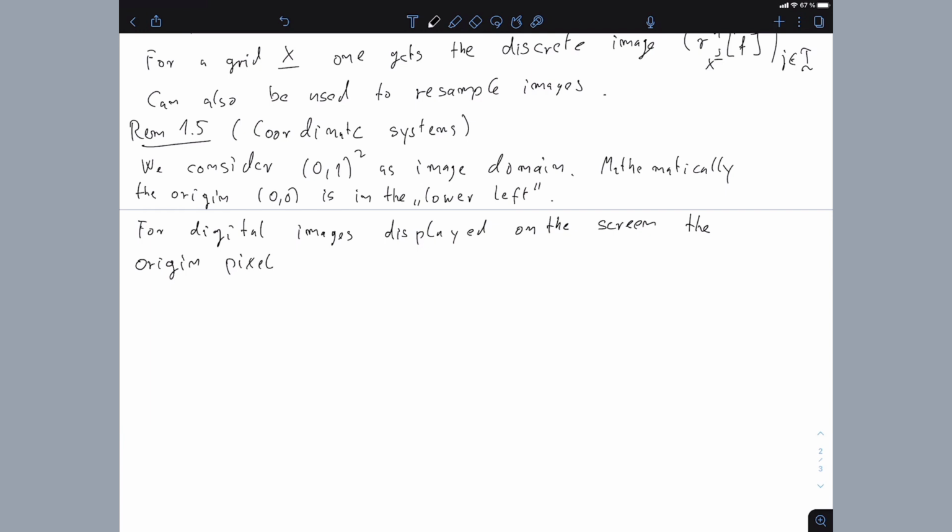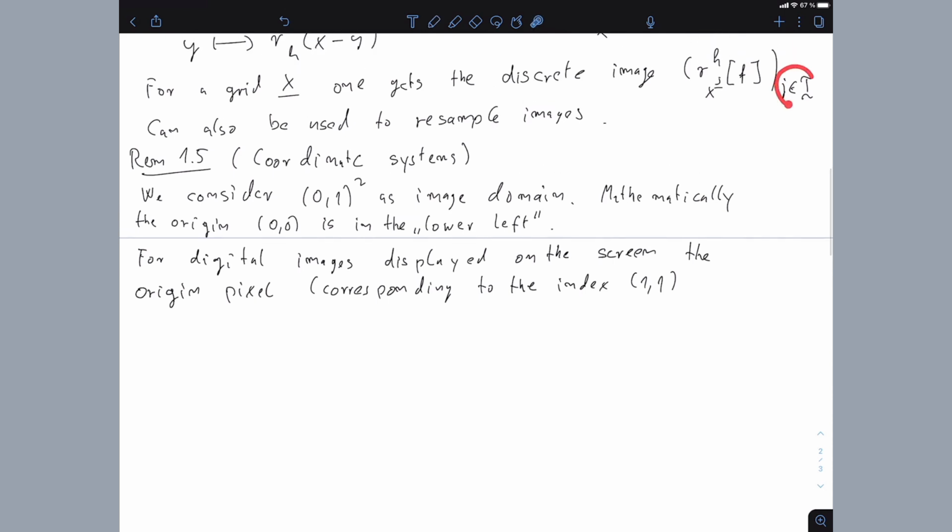So there, the origin pixel would correspond to index 1, 1. I started numbering the elements here in J from 1 to mi.